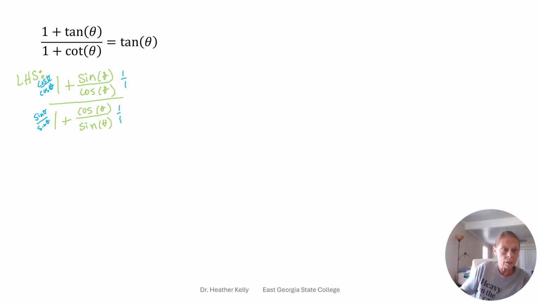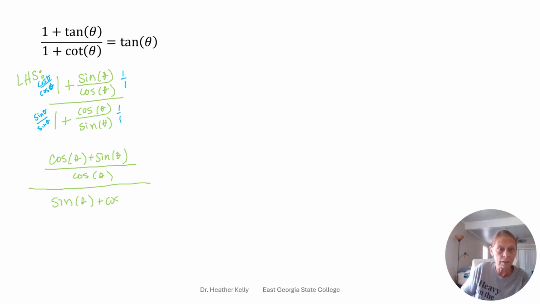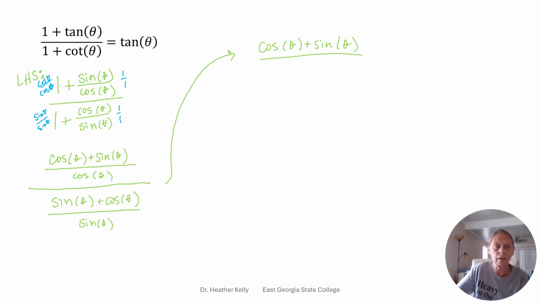Okay, so now we get cosine theta plus sine theta all over cosine theta. That's our new numerator, all over our sine theta plus cosine theta, all over a sine theta. Now we get to state change flip, so we have our cosine theta plus sine theta, and you might have already seen what was going to happen, but I am going to show it all, because we're verifying.